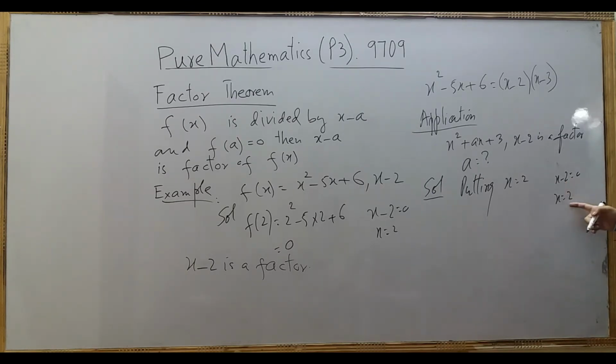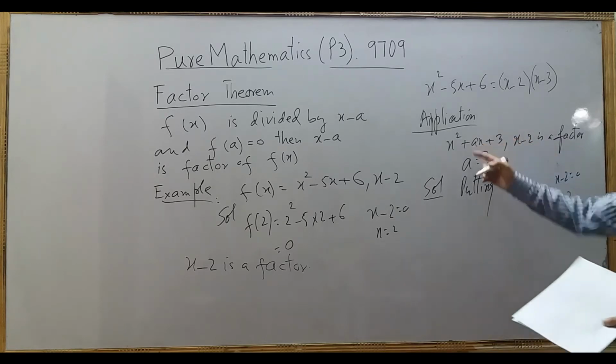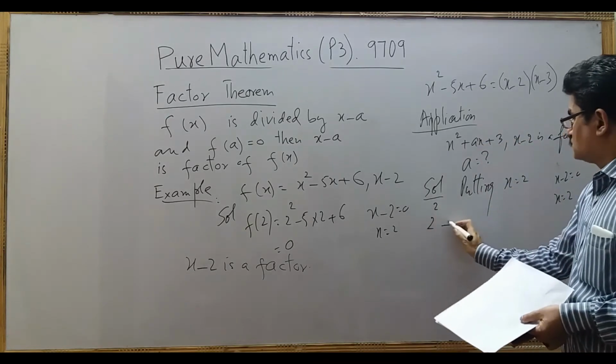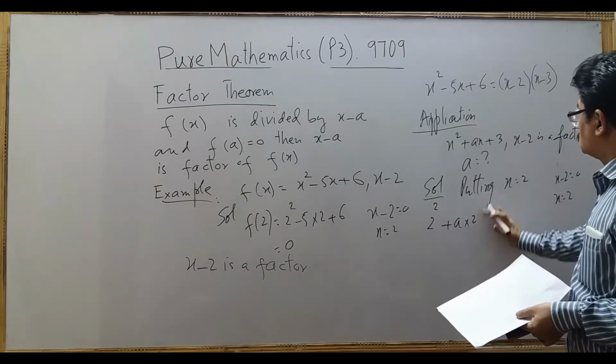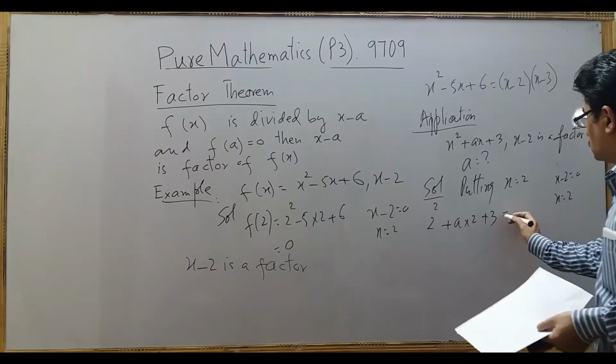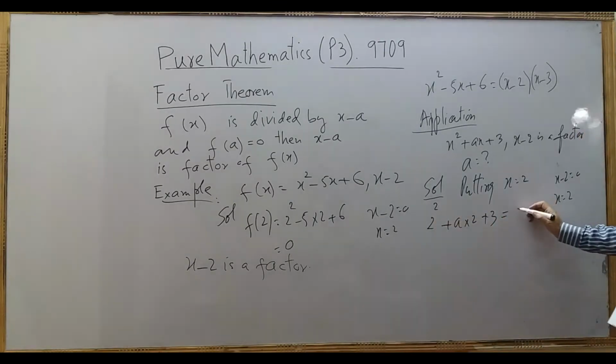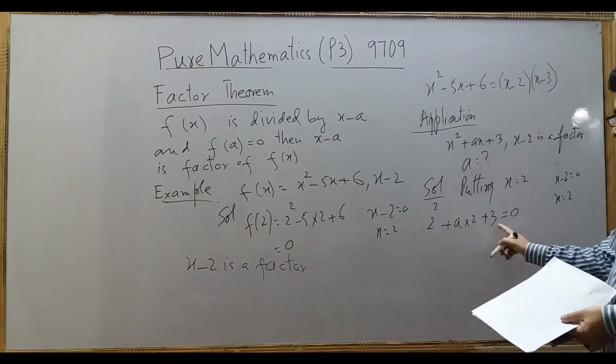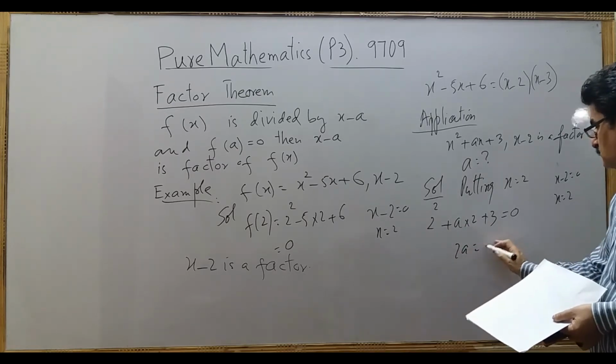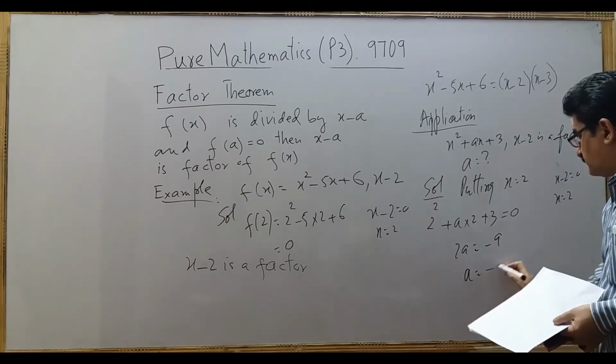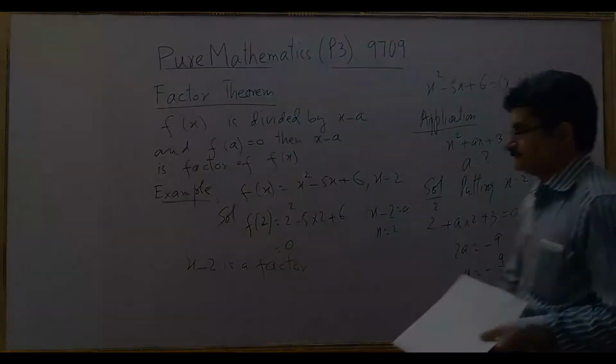So you put it in the opposite sign. So we will put x is equal to 2. You have 2² + a × 2 + 3. This is the remainder or value of this polynomial, because it's a factor, so it is equal to 0. 4 + 3 equal to 7. So the value of a will be -7/2.